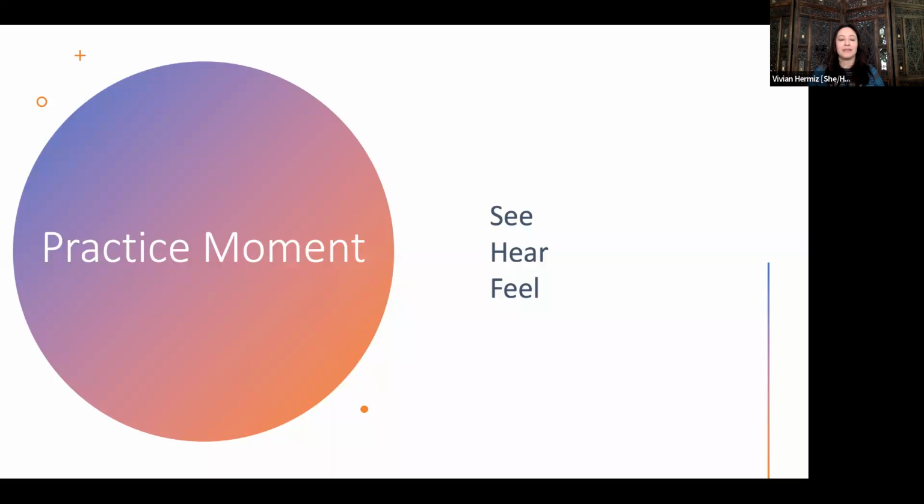I invite you to do this every 5 to 10 seconds, labeling what you just experienced in that way. And staying really playful with it, experimenting, knowing that there isn't a perfect way of labeling.